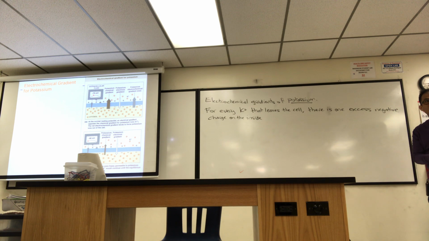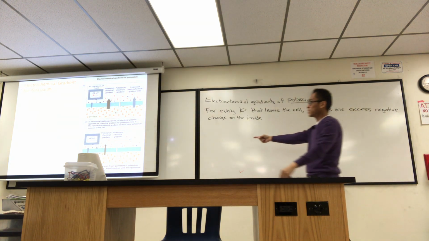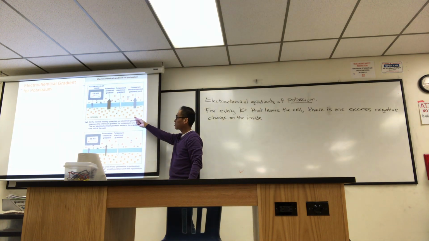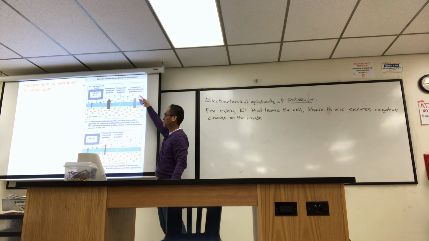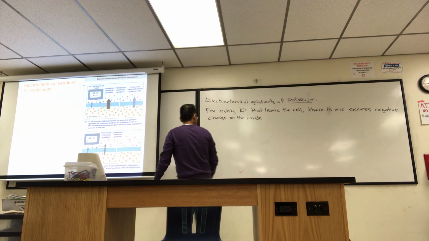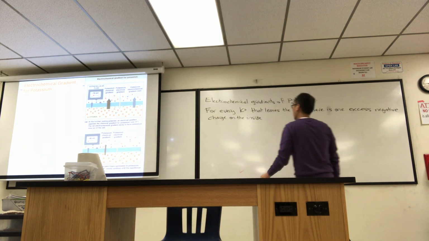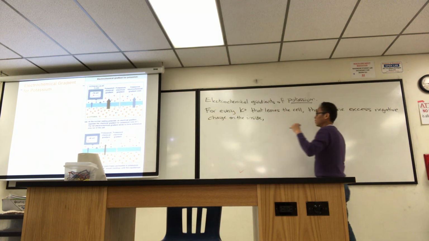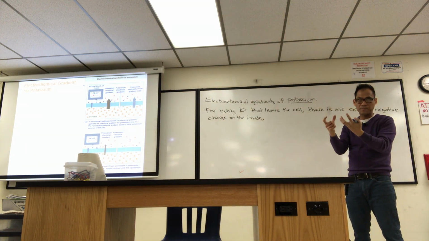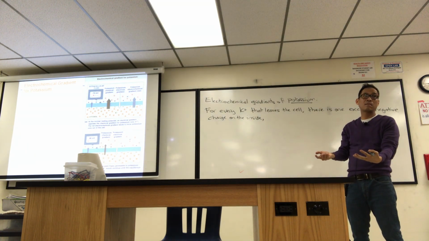So by default, by one leaving, pretend there's negative charges on the inside. Usually proteins will carry a negative charge. Okay, you're with me so far. One positive leaves, by default there's excess negative. That excess negative charge now wants to pull the positive potassium back in.